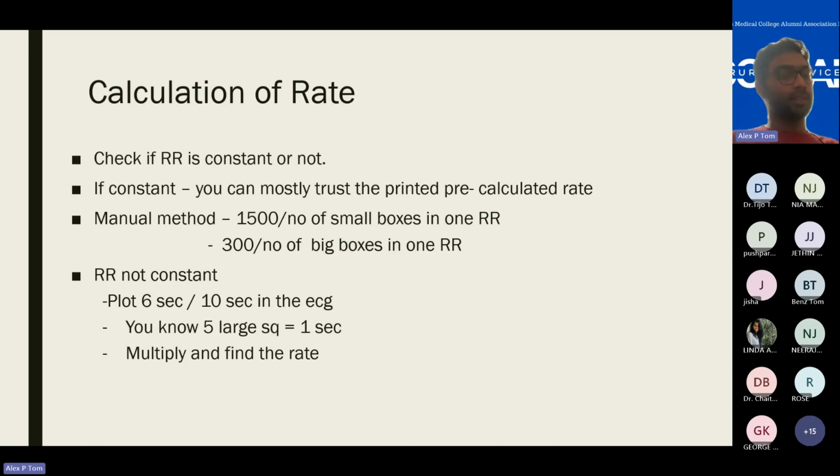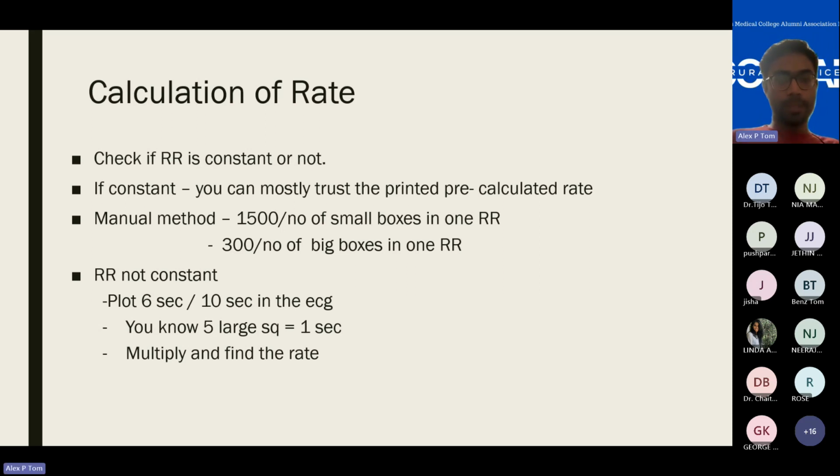Multiply it by 6, and then you will get how many QRS complexes there would be in 60 seconds, and that will give you the rate. So you just need to count it out when you calculate heart rate in a patient where the RR interval is not constant.